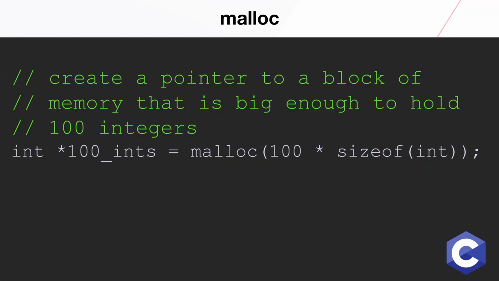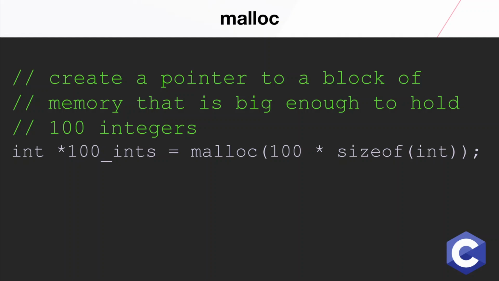So let's take a look at how this would work. I know we've said a few times that you don't have to use pointers when working with data types of a fixed size, but potentially it could be useful. Here's one example where we're working with integers.